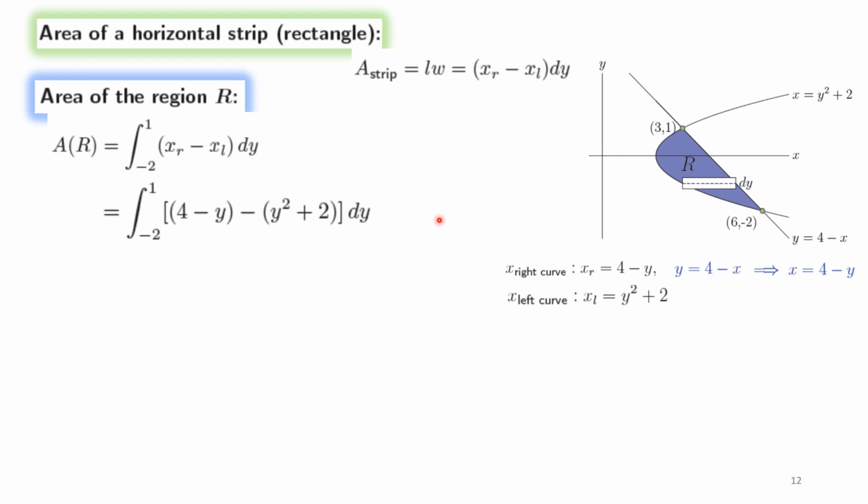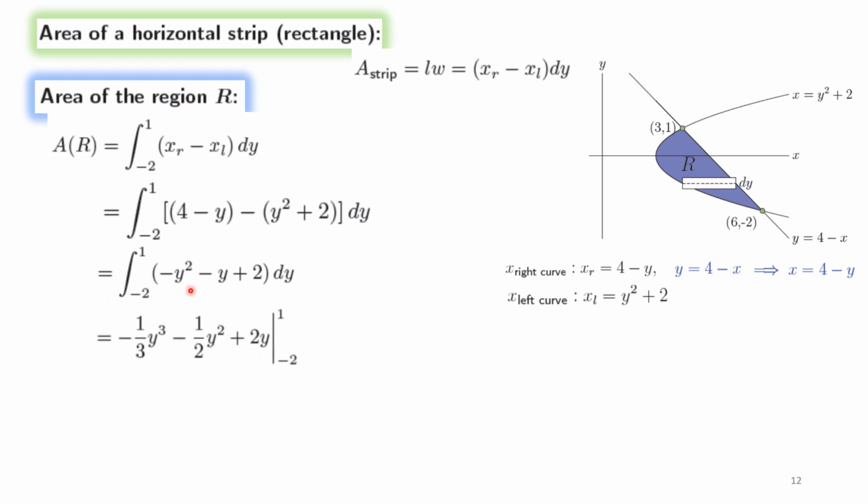You know how to integrate this. Simplify that first, which will give you minus y squared, minus y, and 4 minus 2 gives plus 2, dy, from -2 to 1.